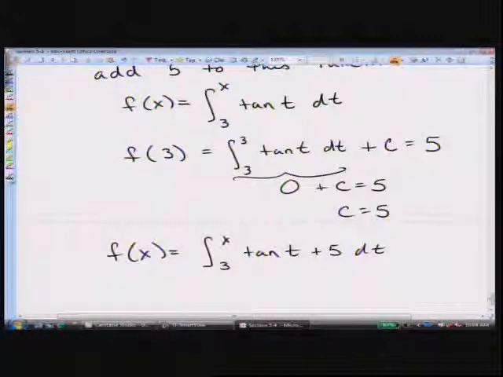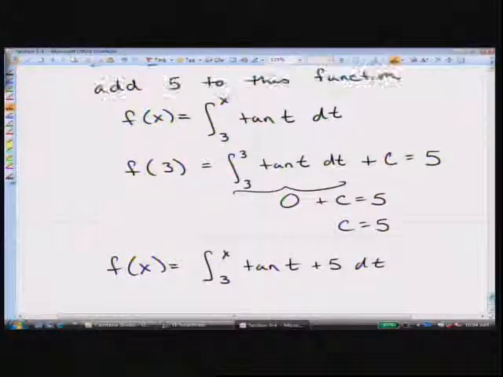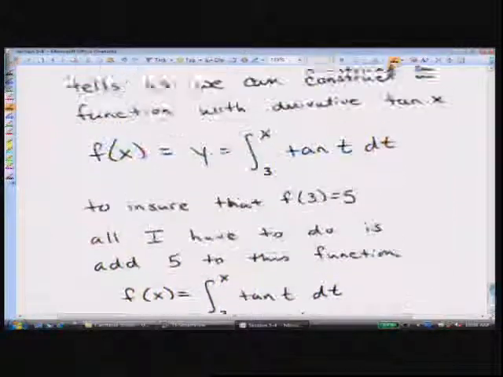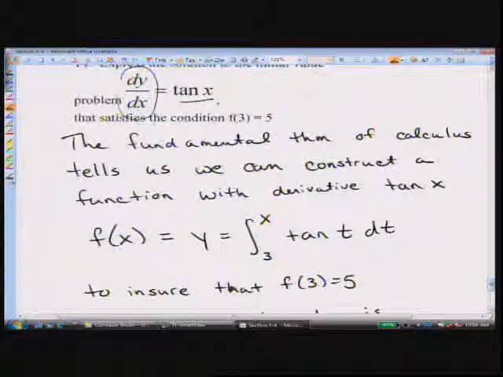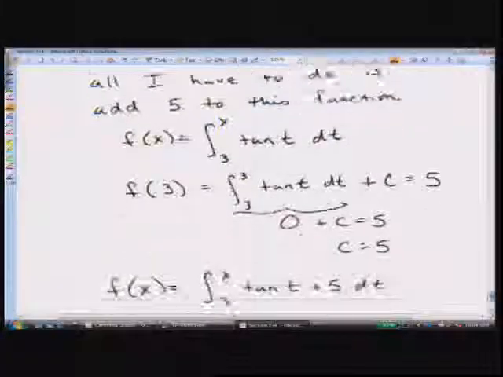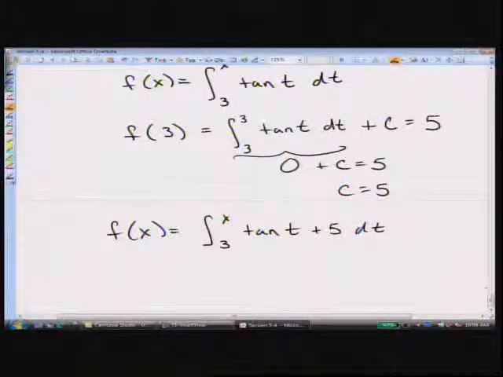You can see that because if you put 3 in right here, this will be 0, and so you'll get 5. f of 3 equals 5. And the derivative is the tangent of x. Okay, so that is it for this lesson.